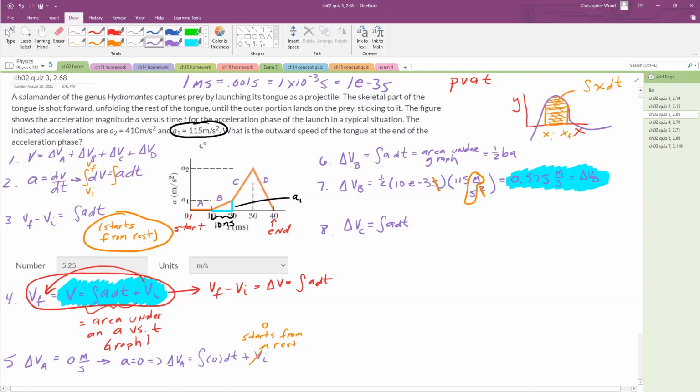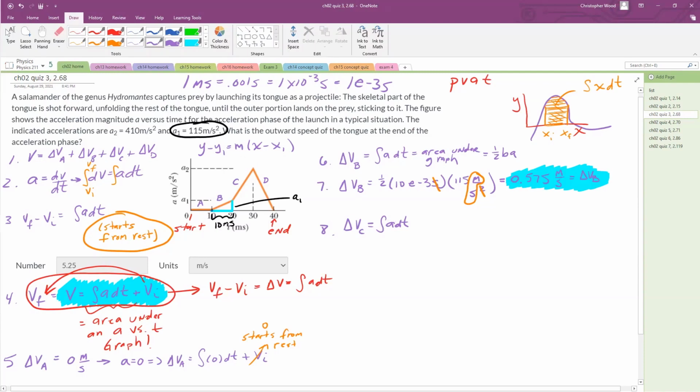Do you guys remember y minus y1 equals m times x minus x1, from 9th or 10th grade geometry or algebra?